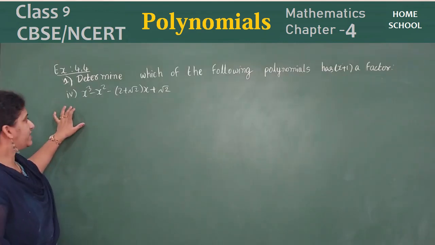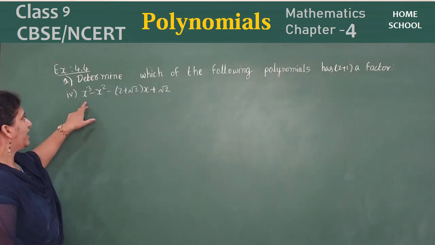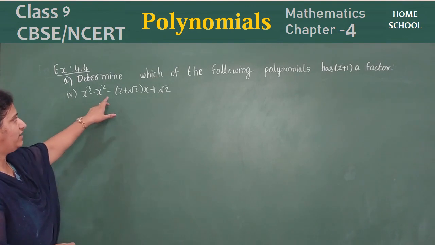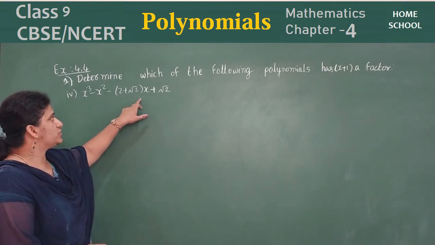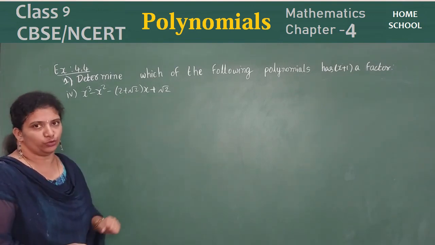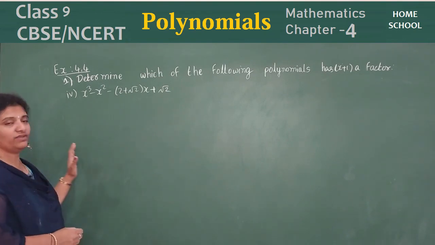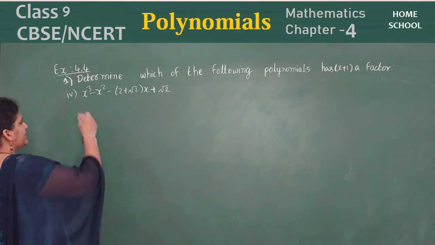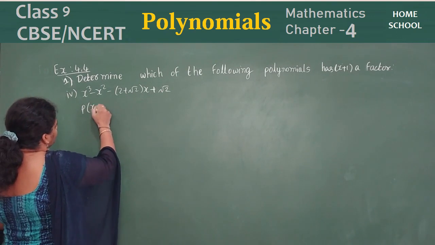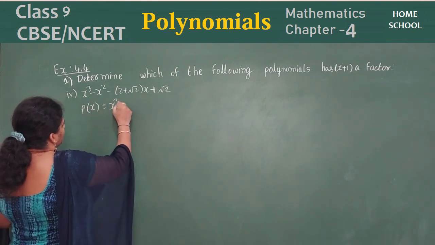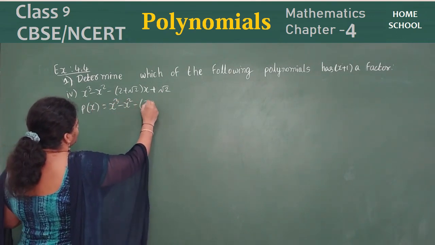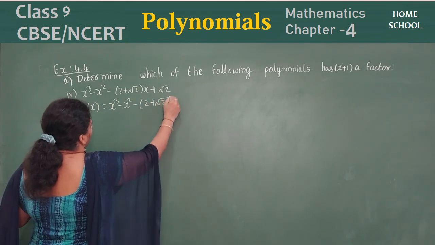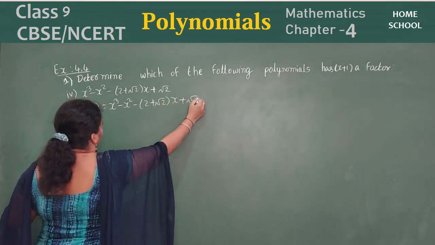Let's see the fourth sub-question in this. So here x cube minus x square minus of 2 plus root 2 into x plus root 2. Okay, so what we need to find first? Let us assume this as P of x, x cube minus x square minus 2 plus root 2 x plus root 2.